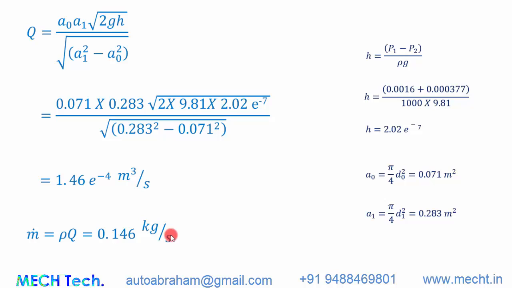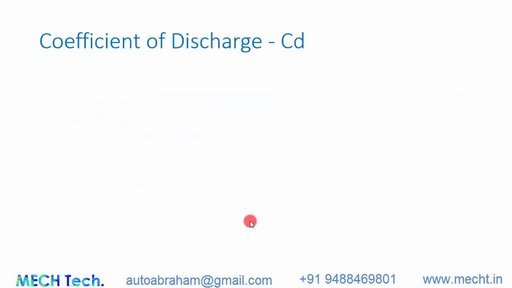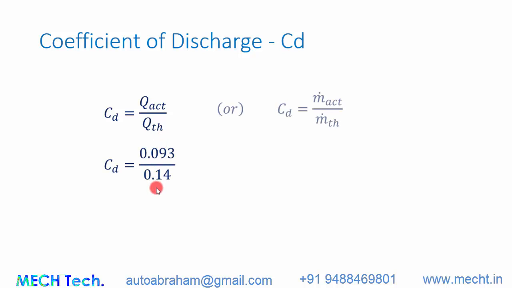This is the theoretical one, and the actual discharge is something different. So that is called coefficient of discharge, that is equal to actual discharge divided by the theoretical discharge. That comes around 0.64. This is the typical coefficient of discharge value for an orifice meter.